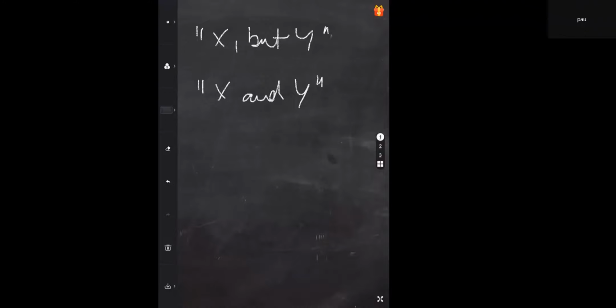So both this statement and this statement affirm that X and Y are both true. But the first one is telling you that X and Y are in contrast to each other, while the second one is telling you that X and Y support each other. Do you understand me?